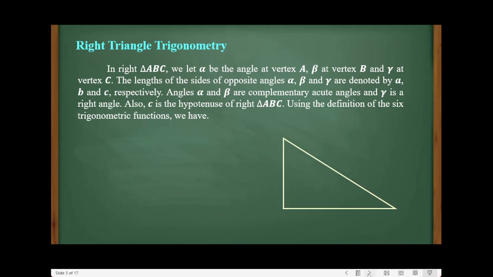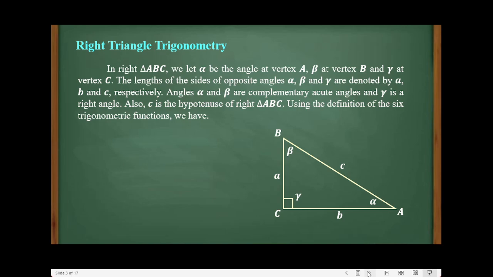And angle alpha and angle beta are the complementary acute angles. And gamma is the right angle, as you can see right now from this drawing. So also, side small letter c is the hypotenuse of this right triangle.